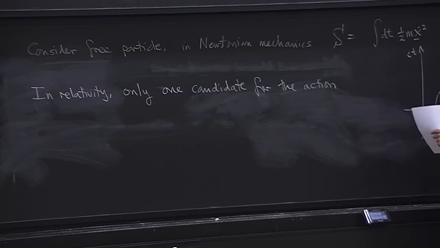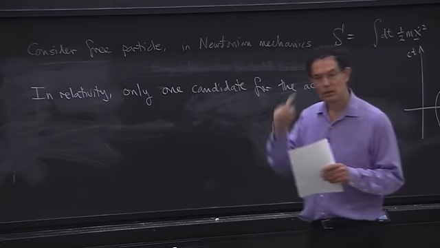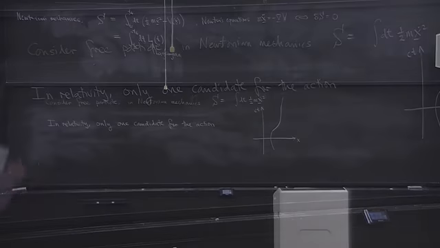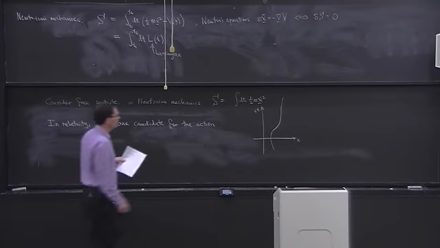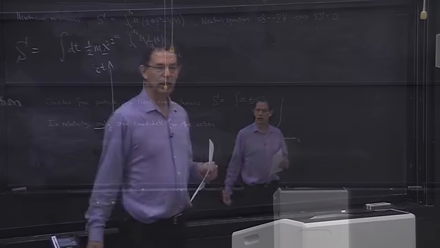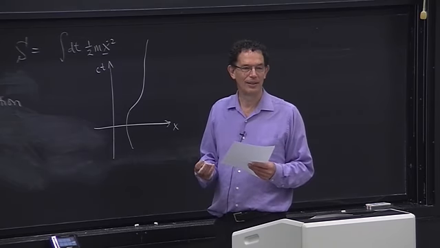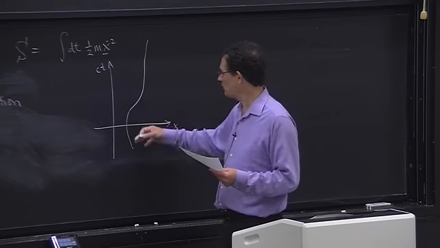Here's the particle. That's a trajectory of the particle. If it's a massive particle, the trajectory is time-like, but otherwise it's arbitrary. What property of that world line can I consider to be something which I could vary? What's a property of this world line?